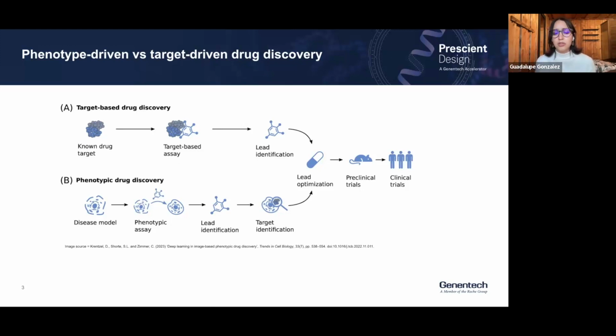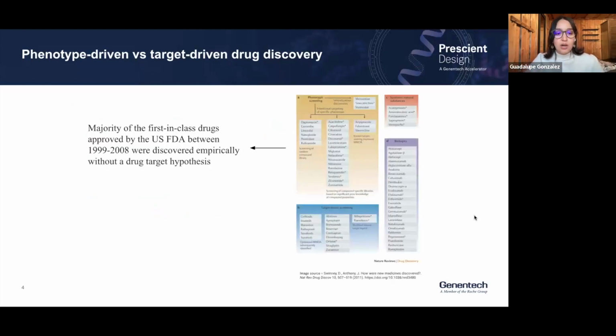So there was no information about what their targets were, or no targeted design. But since the advent of high throughput technologies, as you might be aware, target-based approaches became the most prevalent, where we have a specific molecule, and then we try to develop an agent for that.